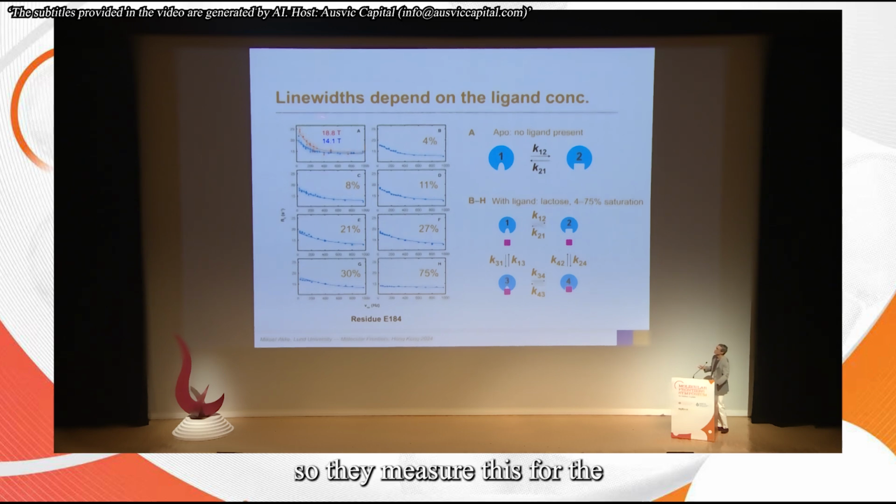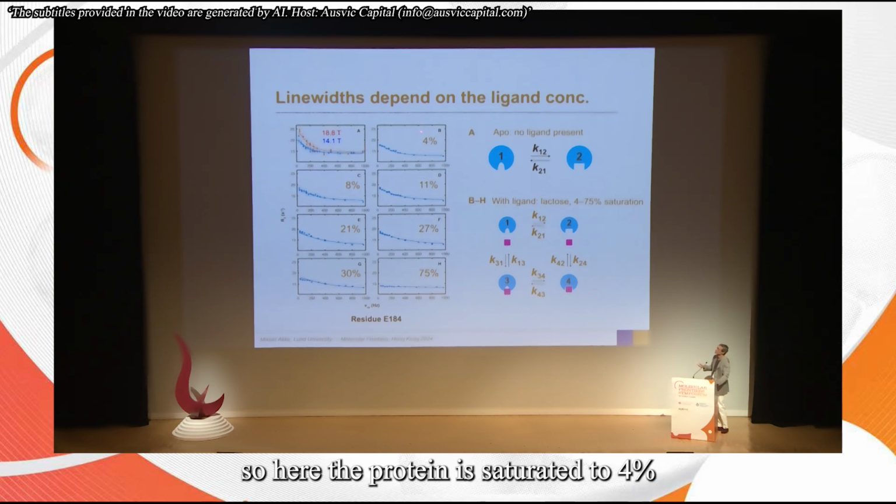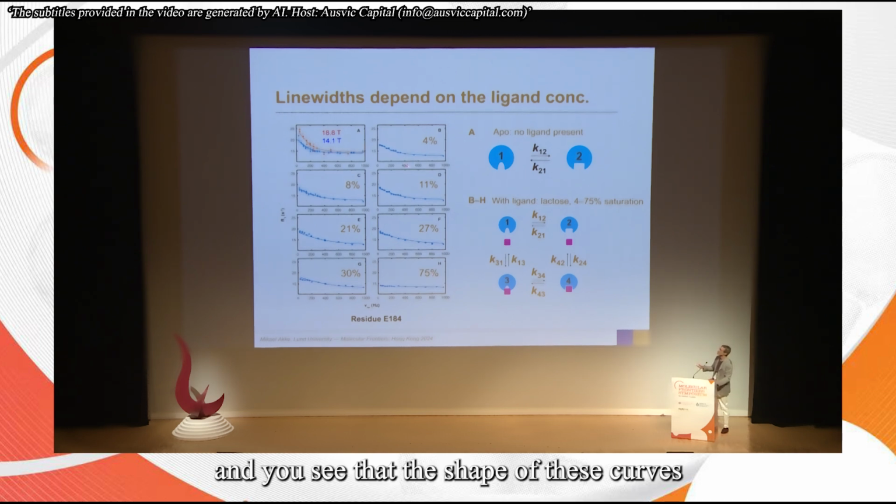So they measured this for the protein in the absence of any ligands, and then also at 7 different concentrations of the ligand present. So here the protein is saturated to 4%, and then you go up to 75% saturation. And you see that the shape of these curves changes as we increase the ligand concentration.